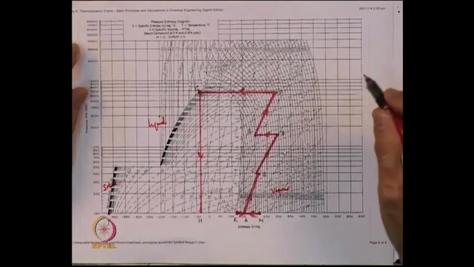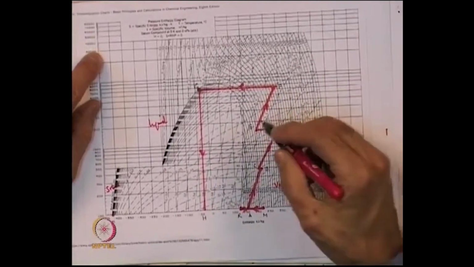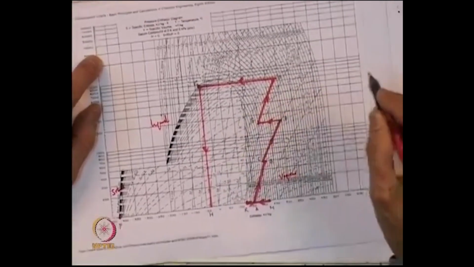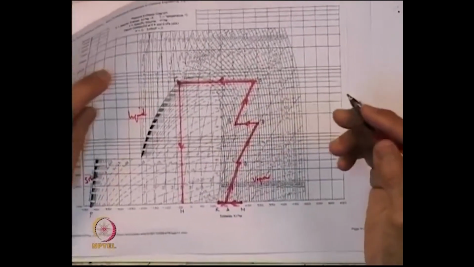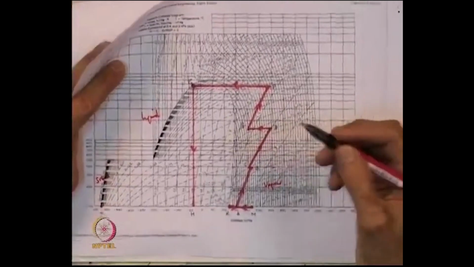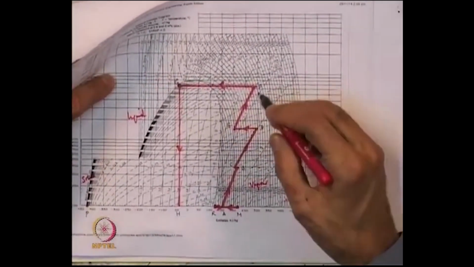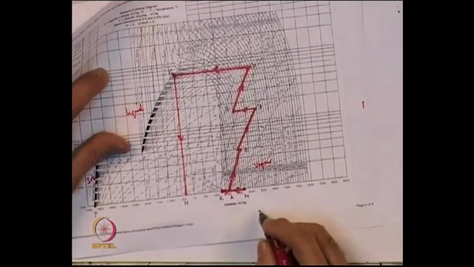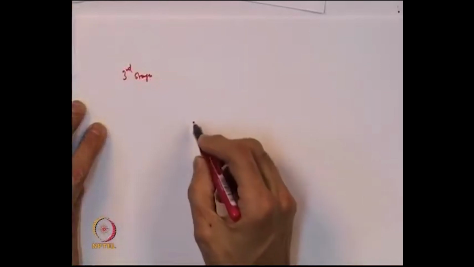Now, let me just illustrate here what would happen if the compressor was not isentropic, but not reversible. Compression is effectively adiabatic. What would happen then is, for example, if you take the third stage, let us look at the third stage compression as an example.